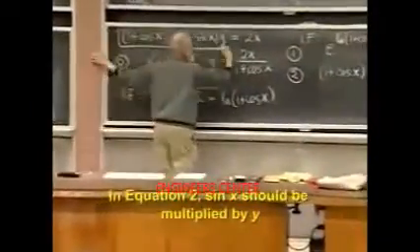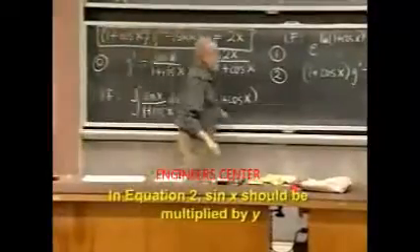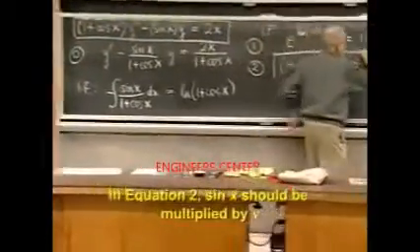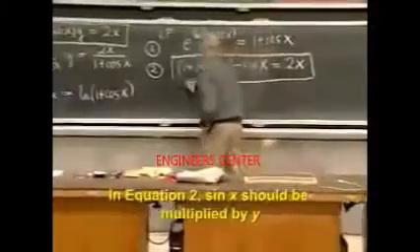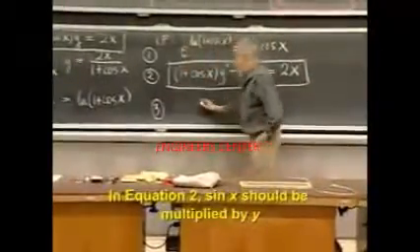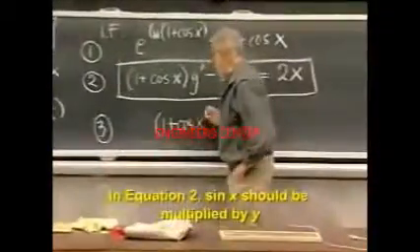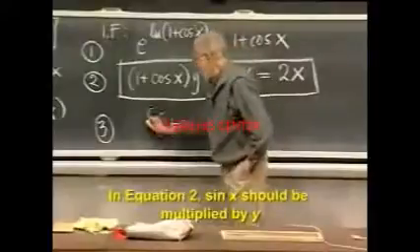The point of having done all this is that now the left-hand side is exactly the derivative of something. And the left-hand side should be the derivative of what? Well, it should be the derivative of 1 plus cosine x times y, all prime.